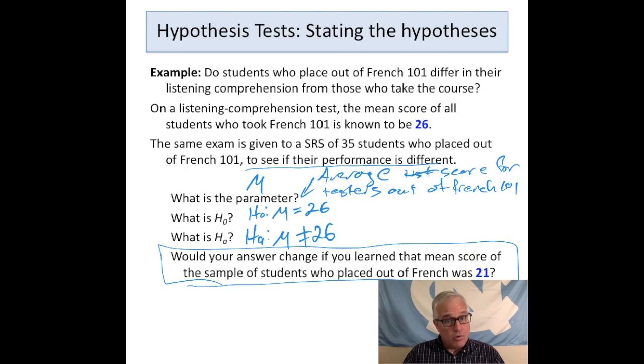And the answer is no. Okay, we didn't have a reason to think ahead of time that students scored more poorly on listening comprehension, and the way the question is worded, we're just trying to determine if their performance is different. So we definitely want a two-sided test. We can't let the data that we've collected as part of our random sample influence our alternative hypothesis. Doing so causes us to reject the null hypothesis too often. Okay.